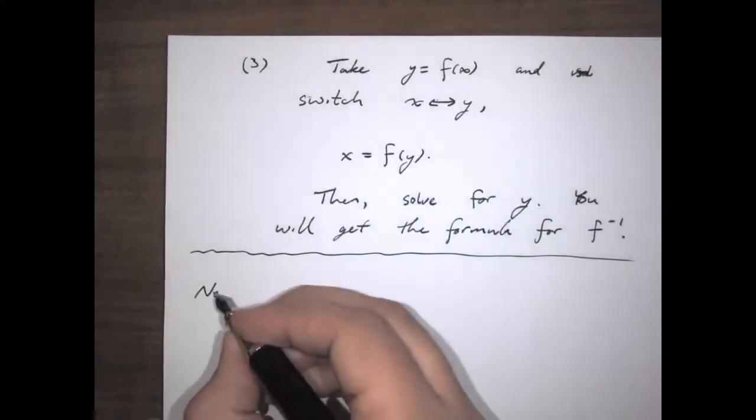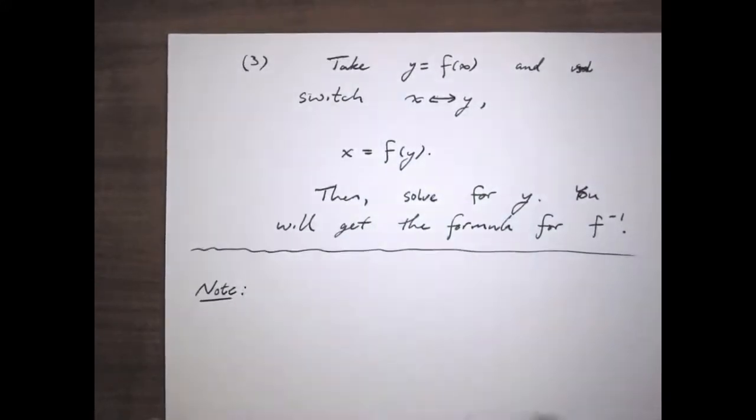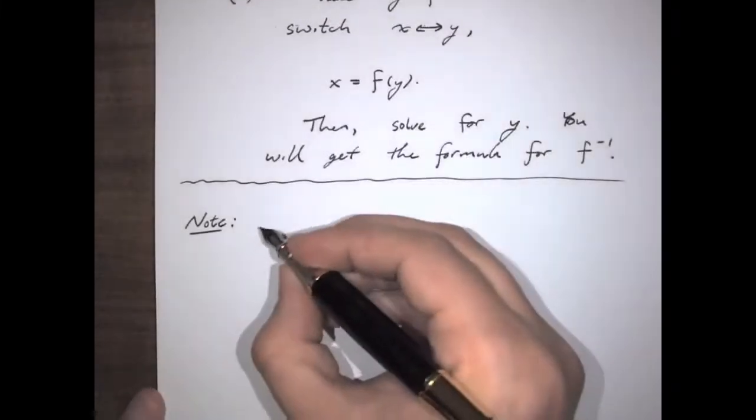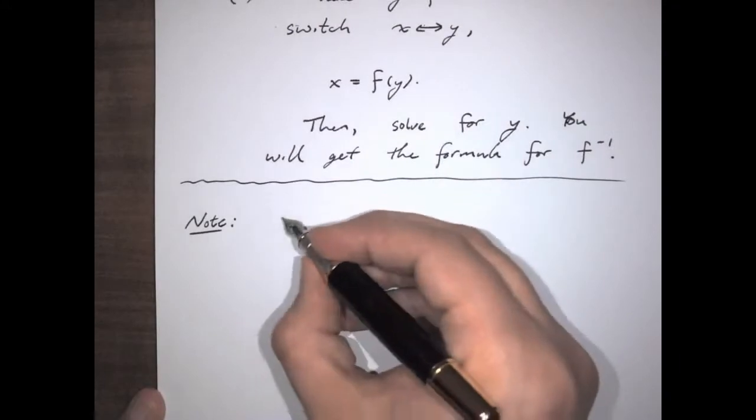So note, all the stuff that we just said applies only to one-to-one functions. So a function has to be one-to-one to have an inverse.